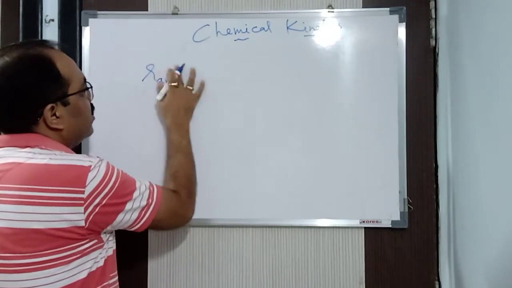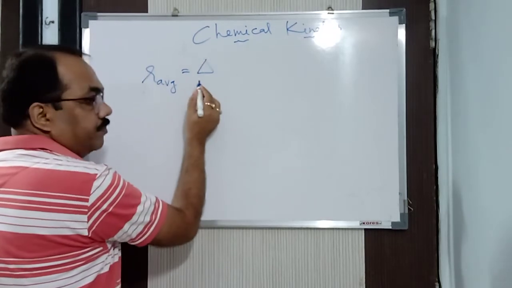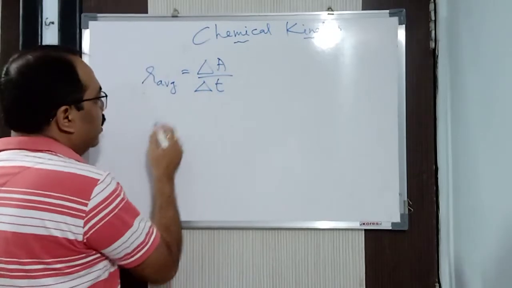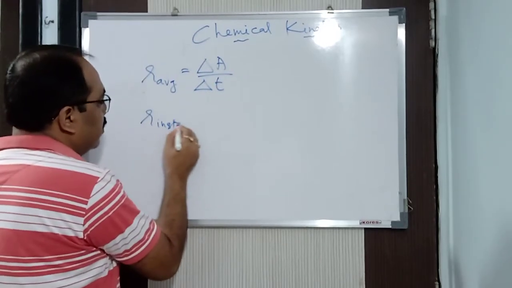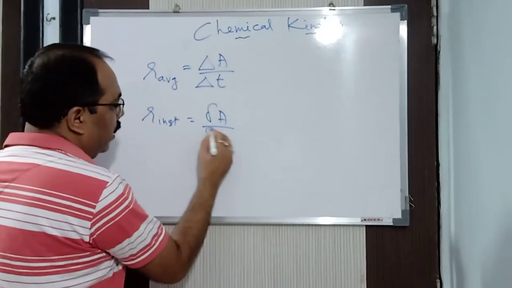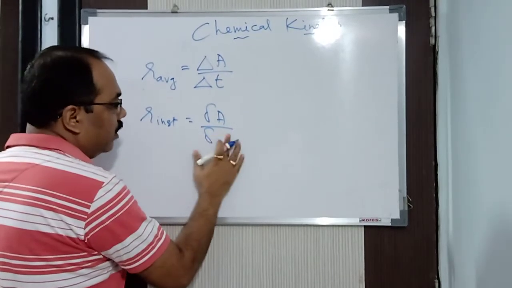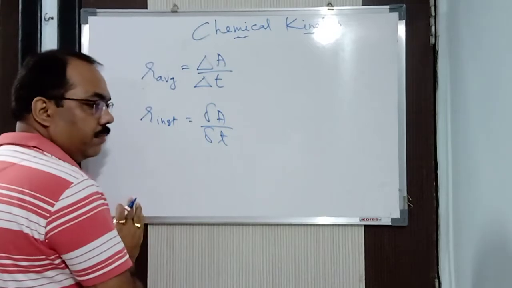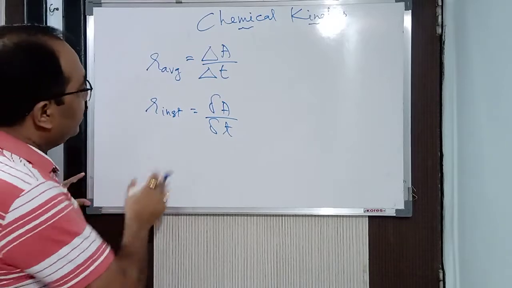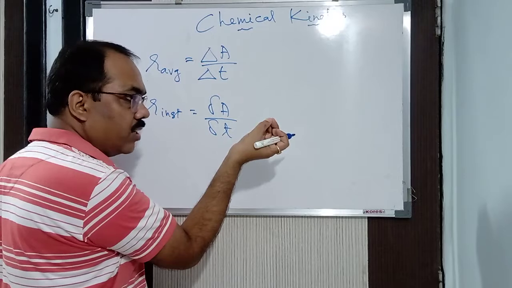You can write AVG also, or simply R. Here we use the word delta, like delta A by delta T. But for the instantaneous rate of reaction, instead of delta, we will be using del A by del T. Clear? In instantaneous rate, del means a small change.